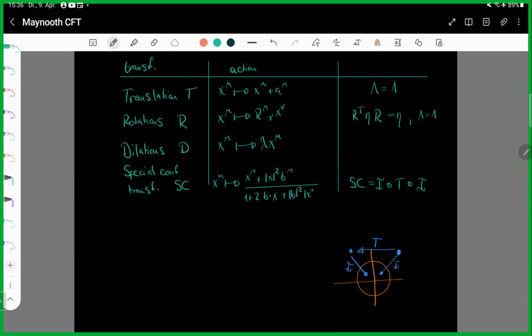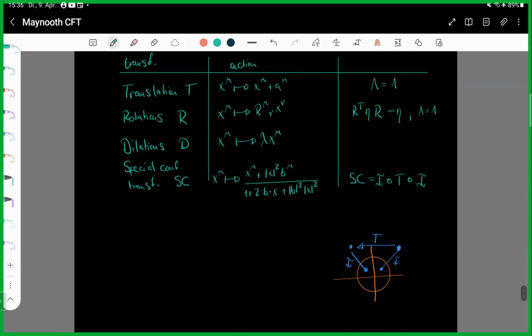So this is the special conformal transformation. We won't dwell on this one for too long. You should just be aware that it is around.